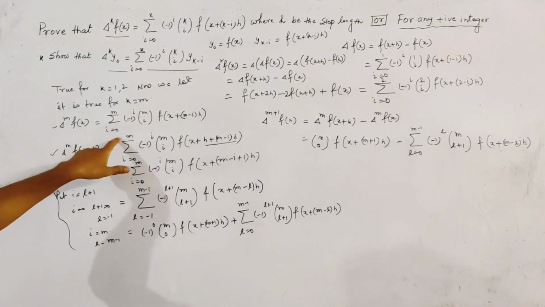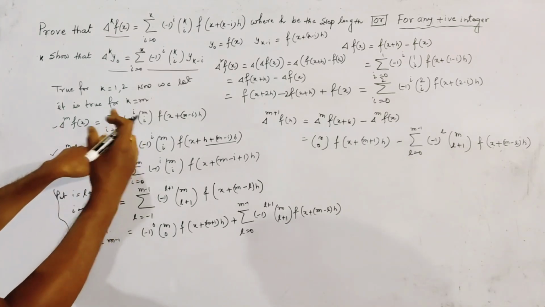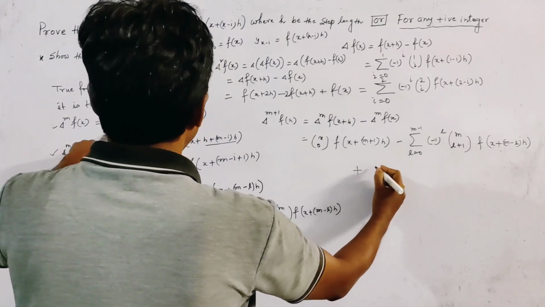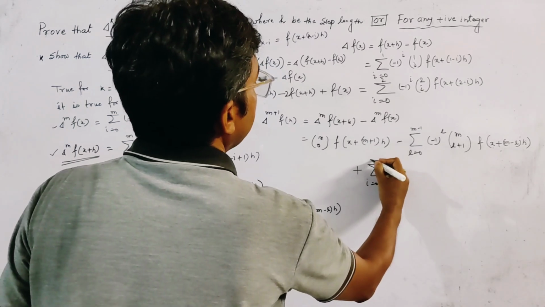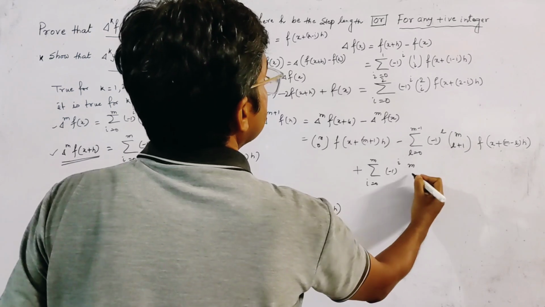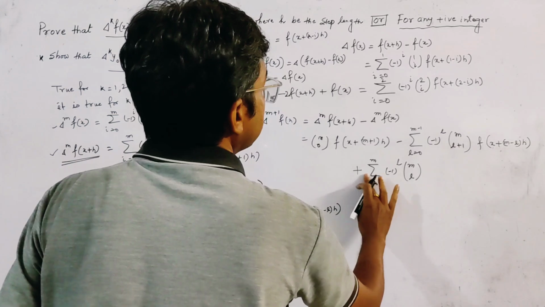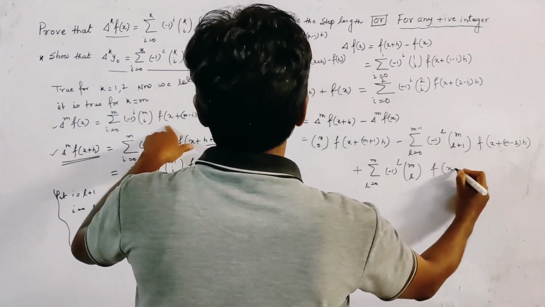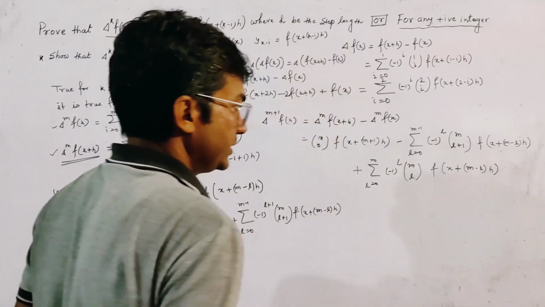We write this term, but we put here L equal to I. Okay, changing I to L, because I is a variable of summation, so we get, this is plus, summation I equal to 0 to m, minus 1 to the power I mCI, this is not I, this is L we put here, this is also L, this is also L, and this is f of x plus m minus L into h, right?